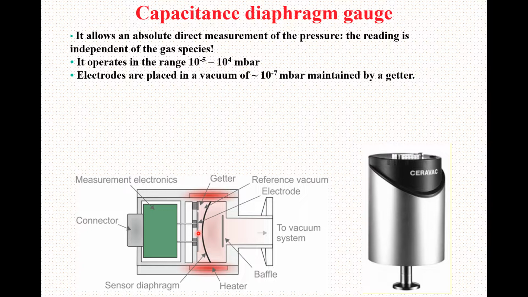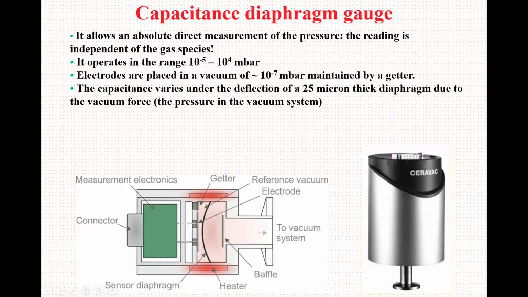This thin layer here is basically the getter, and we say that this vacuum is being maintained by the getter.